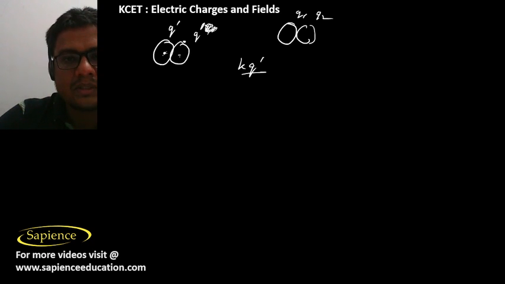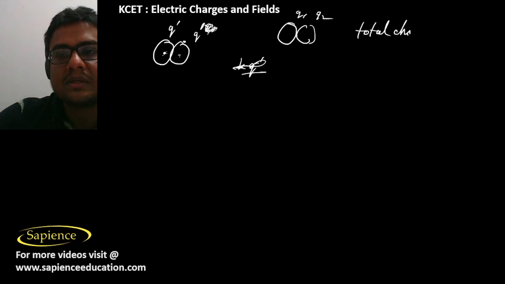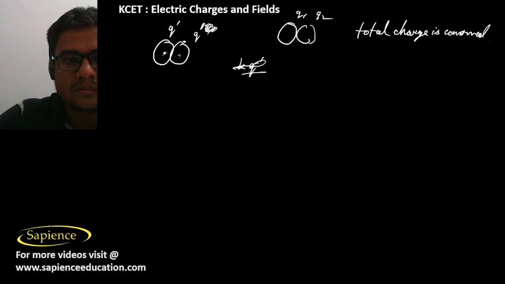Okay, so it means that the total charge is always conserved. Here if it is q1 dash, it is q2 dash, then we can say that k q2 dash, this distance from the center is 2r, so k q2 dash by 2r.